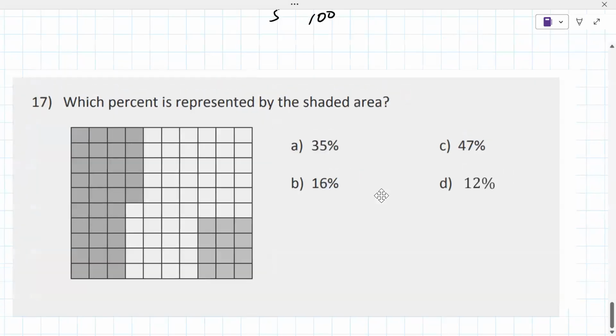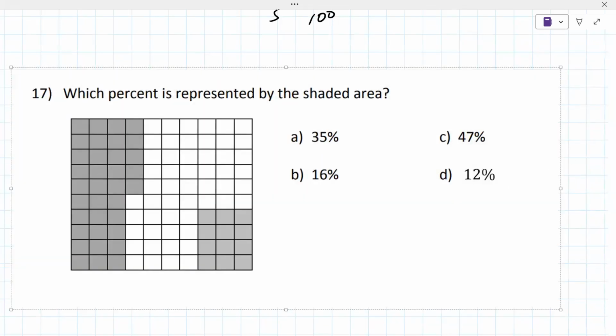These are nice enough pictures. It's created area. It would be C, 47%.